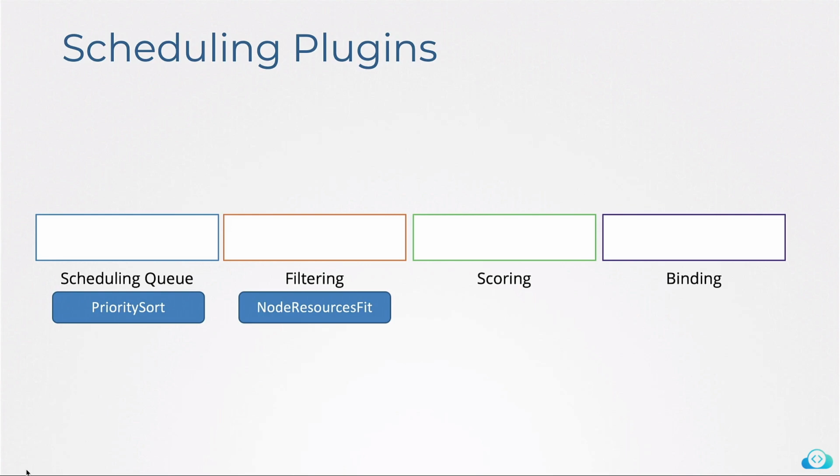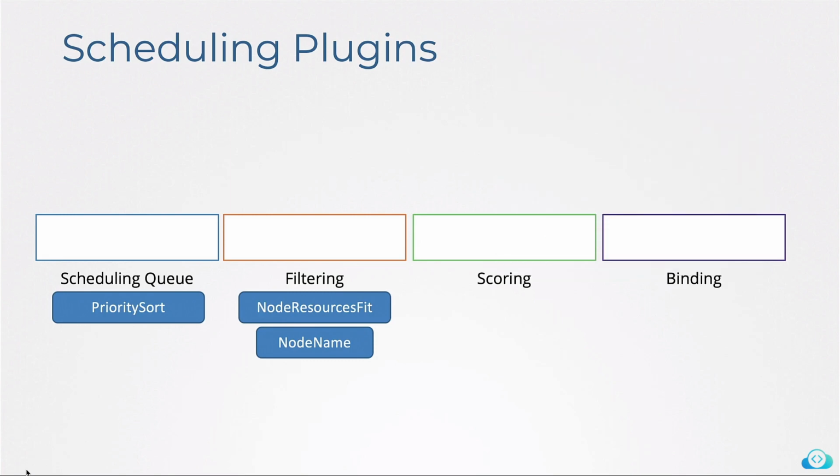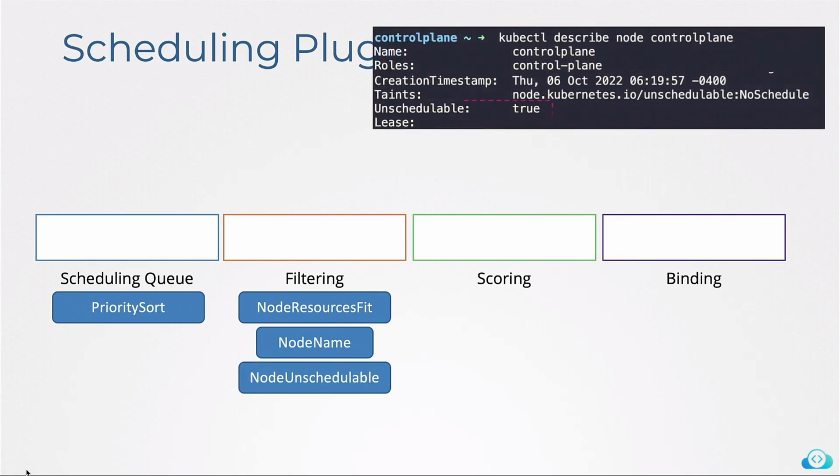Some other plugin examples that come into this particular stage are the node name plugin that checks if a pod has a node name mentioned in the pod spec and filters out all the nodes that do not match this name. Another example is the node unschedulable plugin that filters out nodes that have the unschedulable flag set to true.